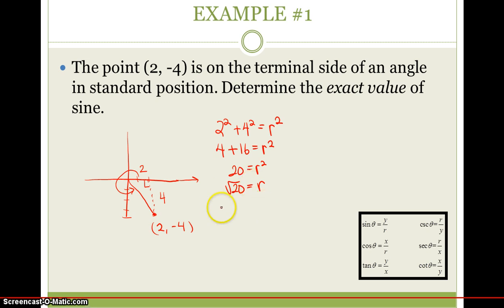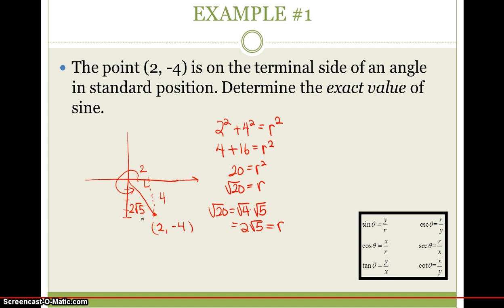We want to break this down, so the square root of 20 is equal to the square root of 4 times the square root of 5, so it's 2 square root of 5. That's going to be our r. I'm going to label this on our triangle, 2 square root of 5. So now we know all the pieces. We know our x, we know our y, and we know our r value.